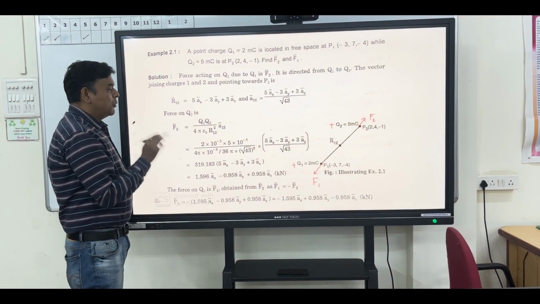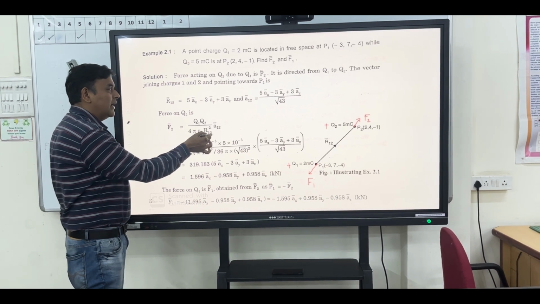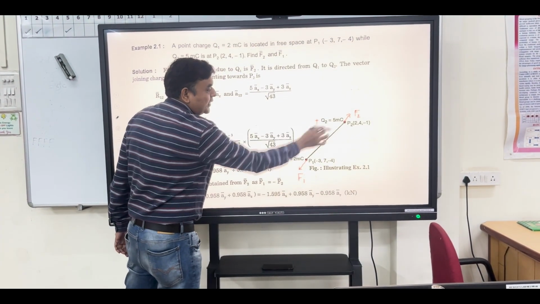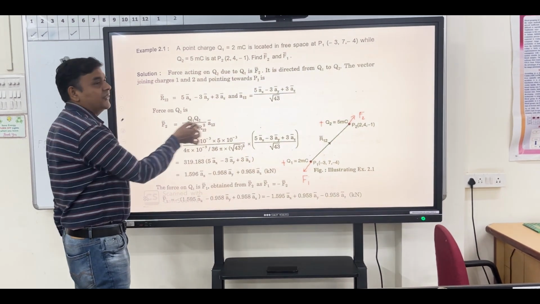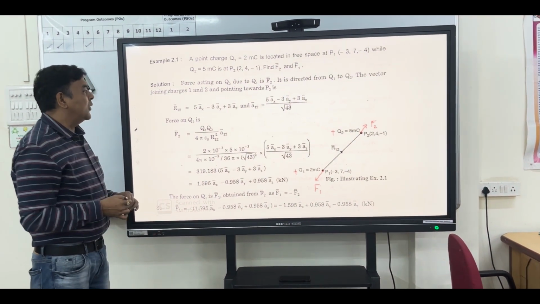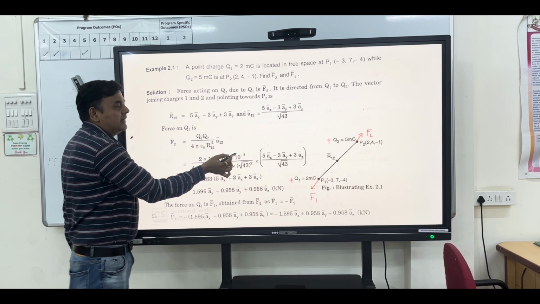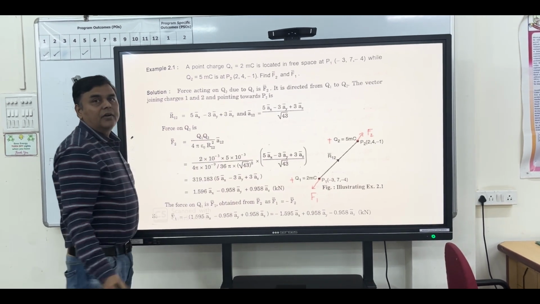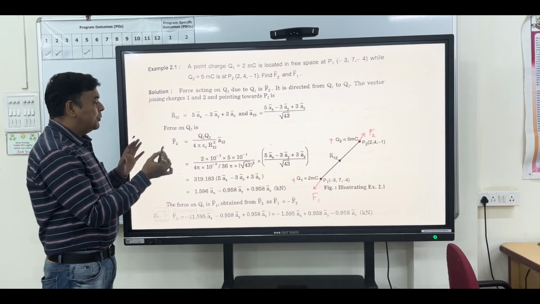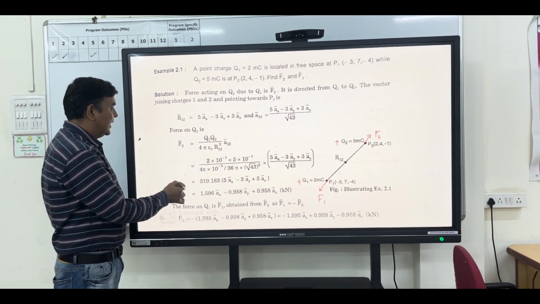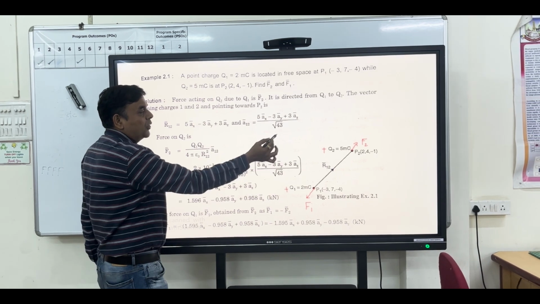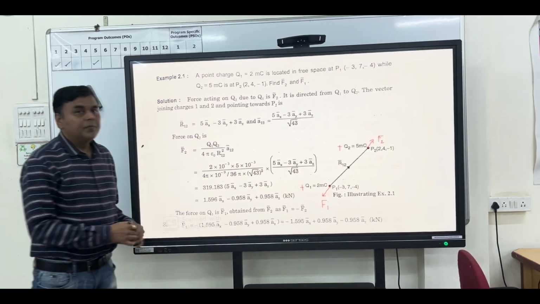So here the most important thing is you have to find out the magnitude or the distance between the charge 1 and charge 2 and the direction vector. So easily we can find out the vector directed from P1 to P2, and then we can find out the direction of that vector. Simply put all the values, and at the last you will get the resultant force which is acting from charge Q1 on charge Q2.